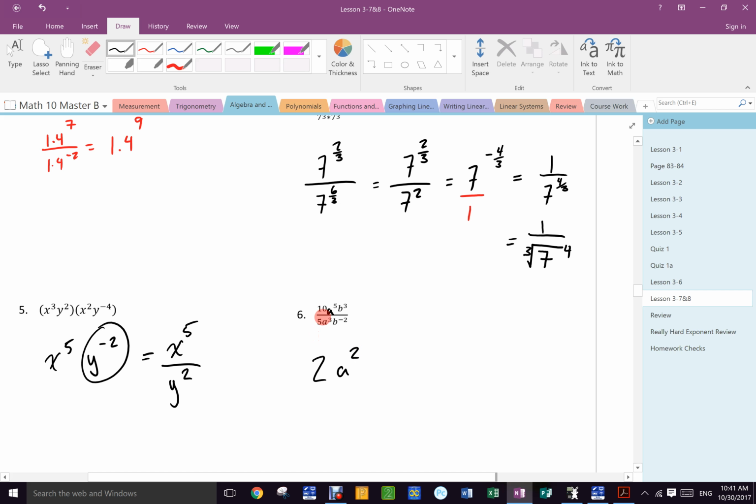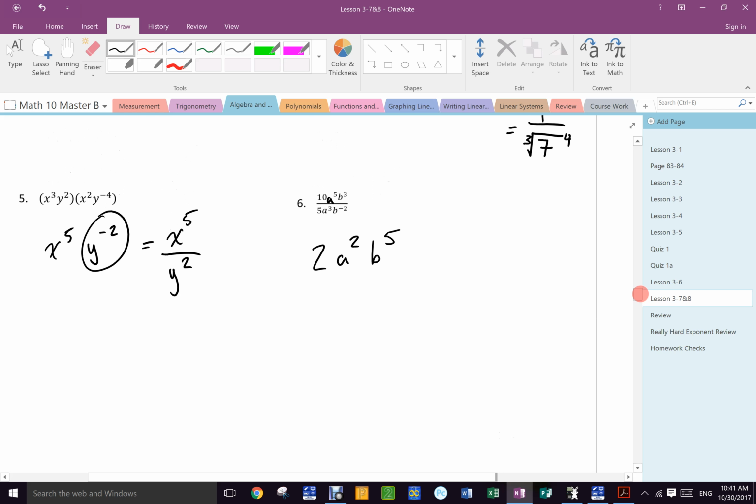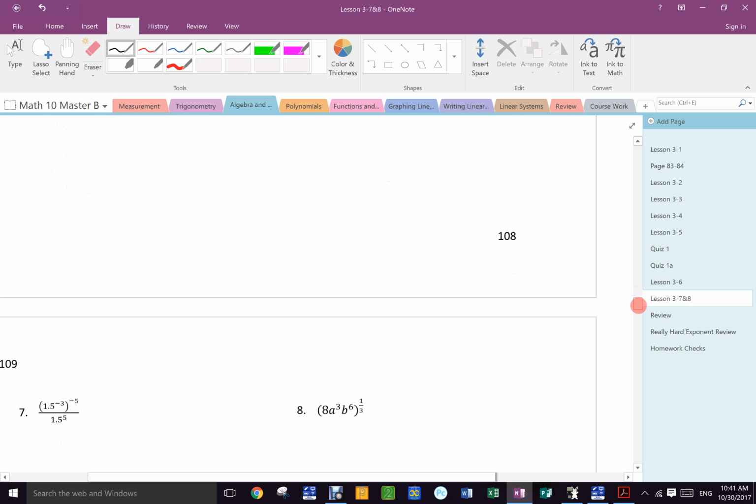And if there was no 10 and 5 and no a's, what would the b's be? 5. Are we happy with that? Is everything positive? Is all the division taken care of? So are we happy with it? Excellent.